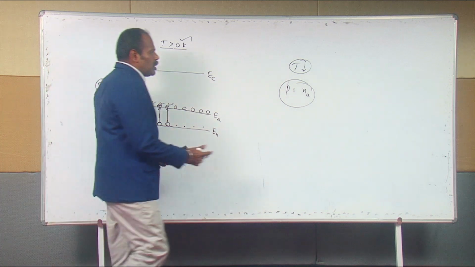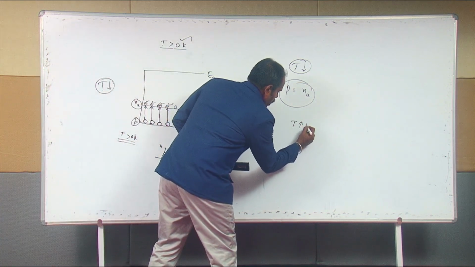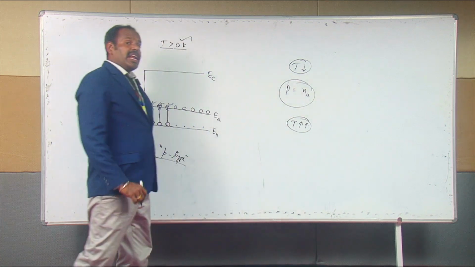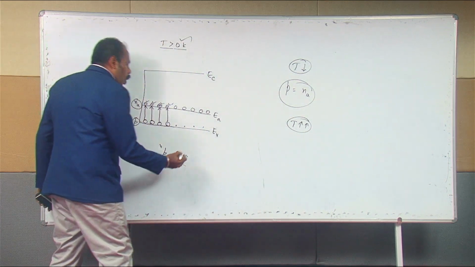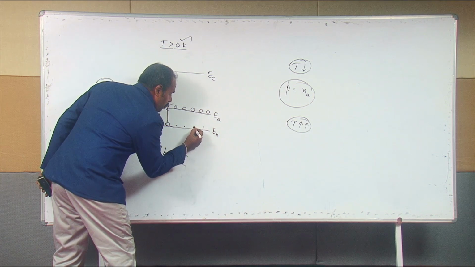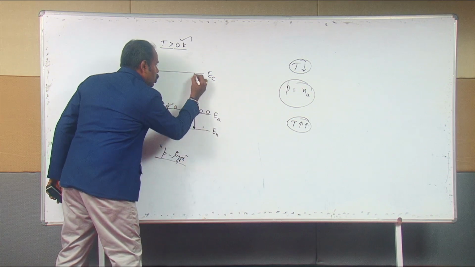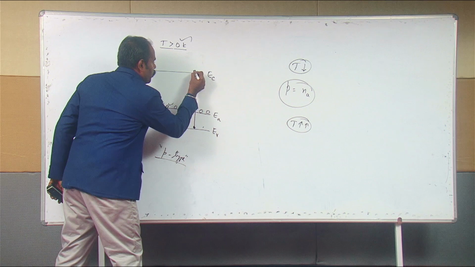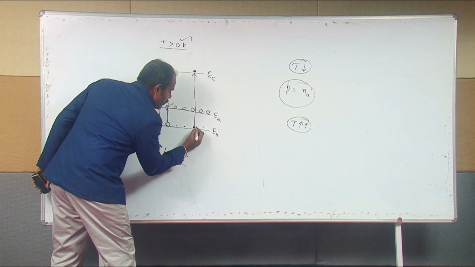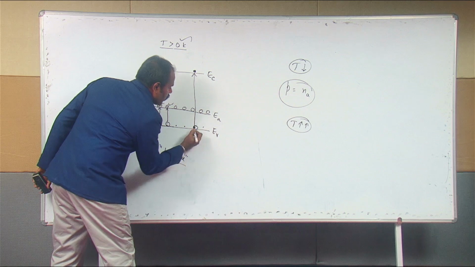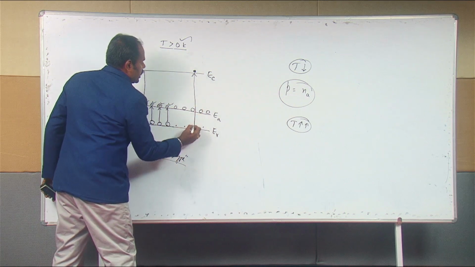But what about the higher temperature? At very high temperature, the electrons from the valence band gain more energy and they could move to the conduction band now. Once they move to the conduction band, correspondingly a hole is created in the valence band.